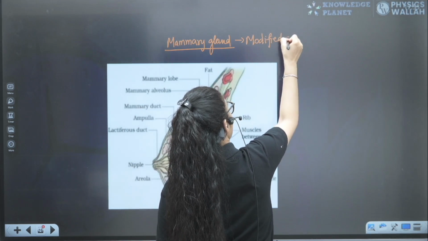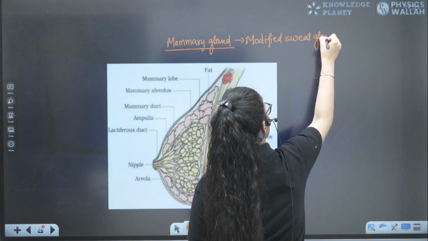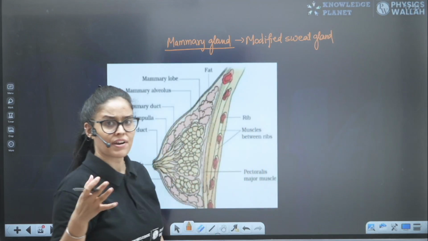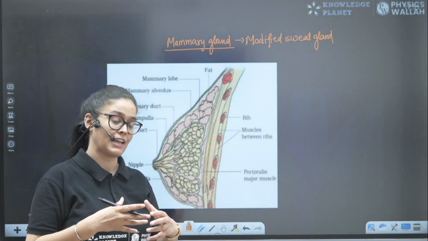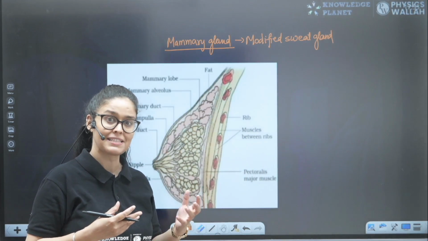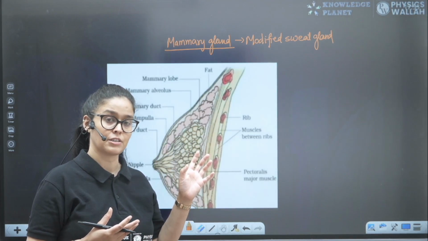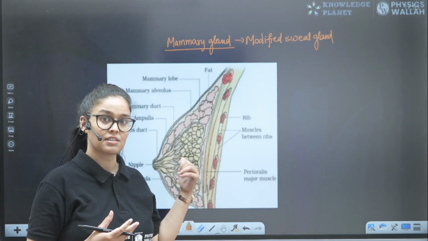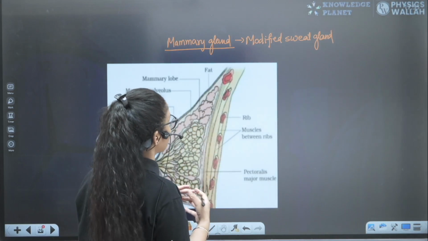It's a modified sweat gland, and in male it is vestigial, meaning they are not functional in males, but in females they help in feeding the young ones, right? We all have fed on mother's breast after birth. Just after birth, we require mother's milk, so we suck the milk from the breast. That is the purpose of the mammary gland.